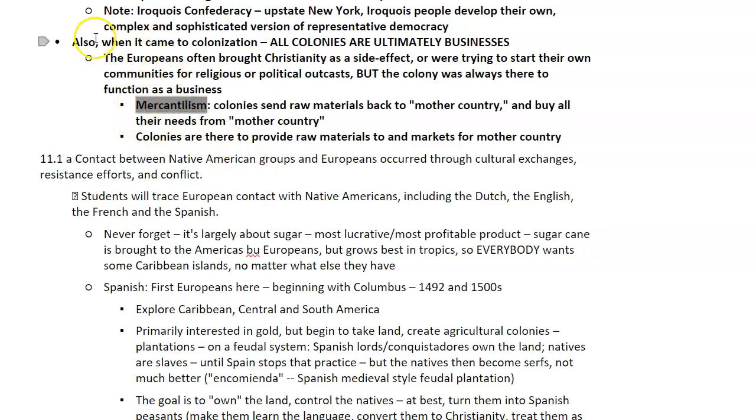You can pronounce it either way. In mercantilism, colonies send raw materials back to the mother country, and they buy all their needs from the mother country. So colonies are there to provide raw materials to and markets for the mother country. So when you think of the English colonies, every one of them is looked at as a business.